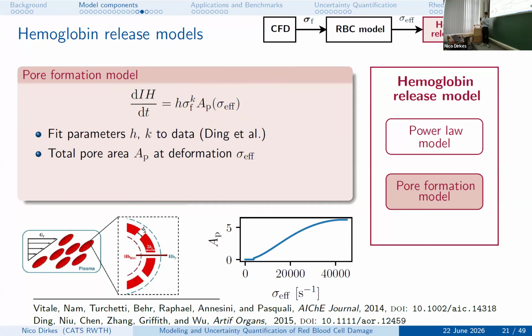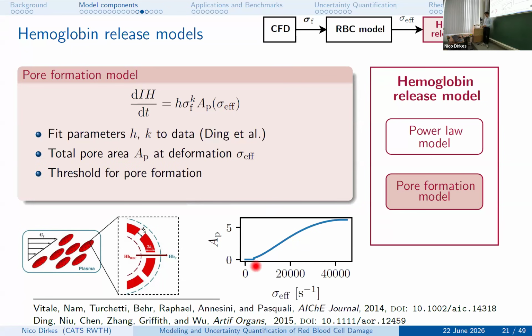So with this, we actually try to predict how pores form in the membrane at certain deformations. And then there's this function, which is constructed using some biochemical considerations, which basically determines how many pores you have overall in the membrane at this deformation state. And there's also some threshold.